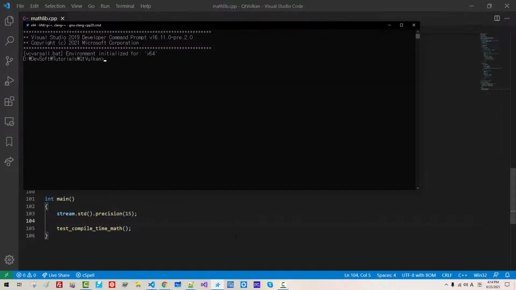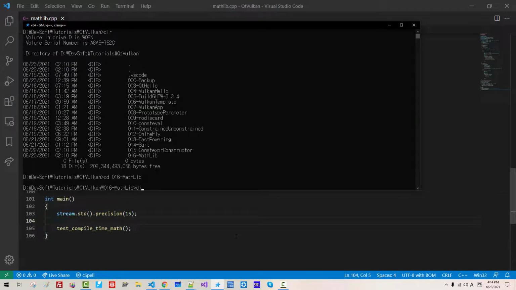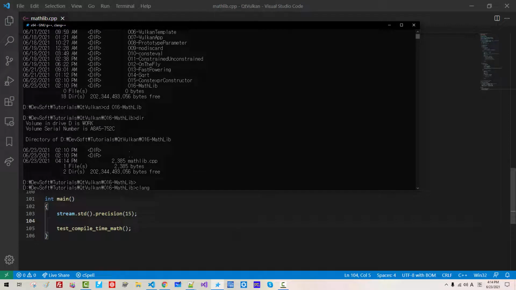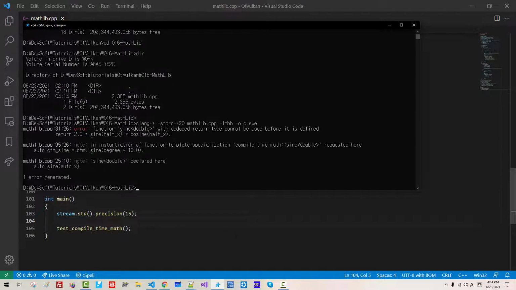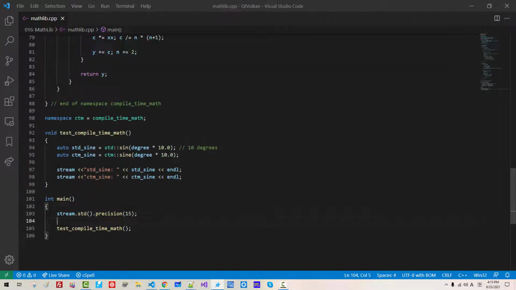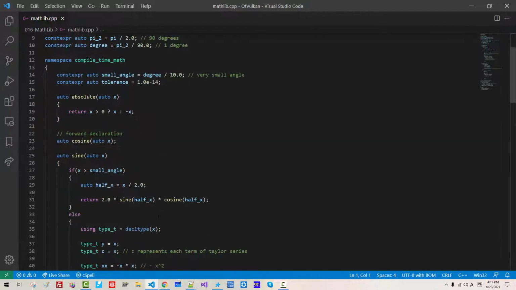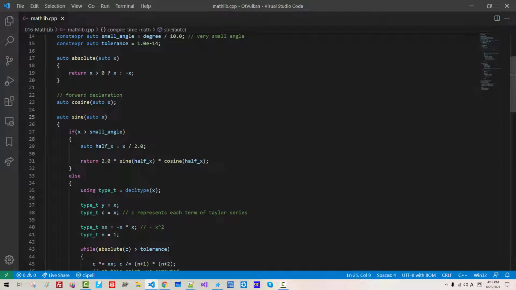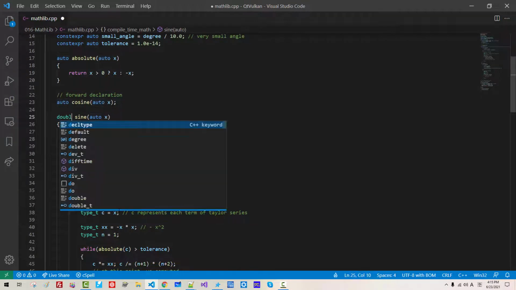Now, in the command prompt, clang++ -std=c++20 MathLib.cpp -o c.exe. Okay. Ctrl+Home. I will just put it double.